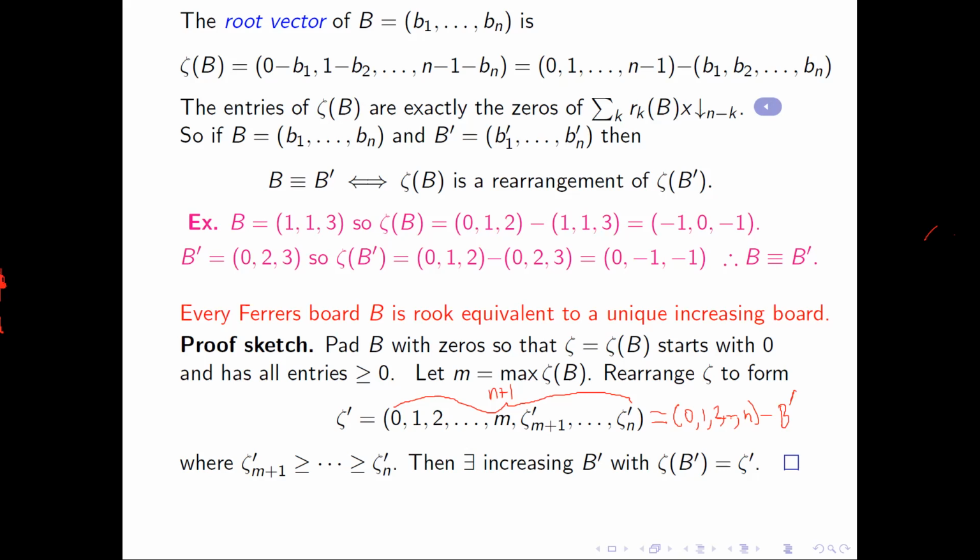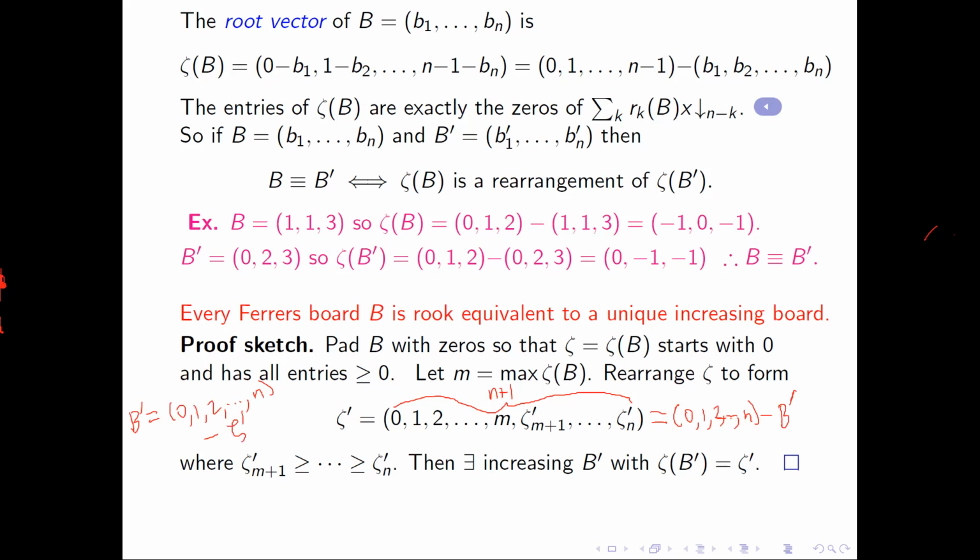You can figure out what the parts of b prime actually are. B prime is simply going to be 0, 1, 2, up to n, minus zeta prime.